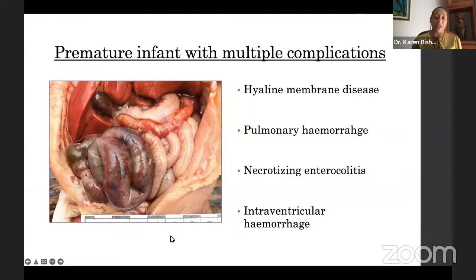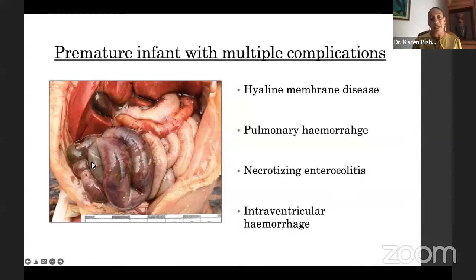On examination of the gut, which is what I'm showing you here. So this is an open photo of the abdomen. Liver up here, gallbladder, stomach, transverse colon, and this is the small bowel. So on the right of the photo is pale but healthy small bowel.